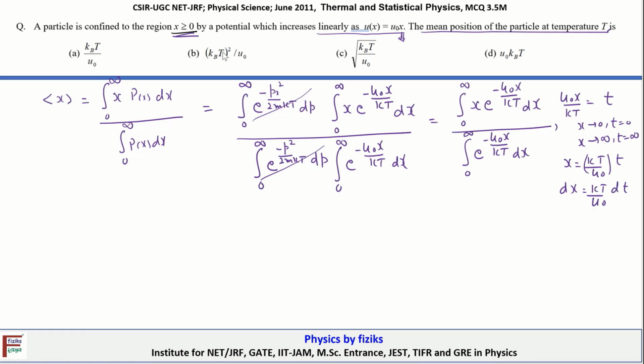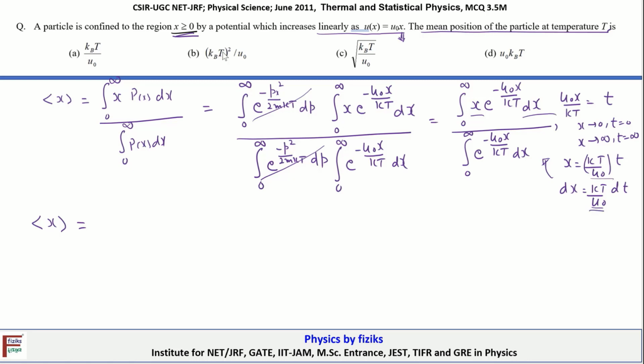With these changes, after substituting all these things in the expression, we obtain the average value of x. When we substitute x we have a factor of kT by u naught, and while substituting dx again we have the same factor.